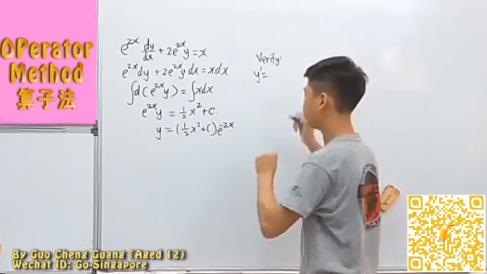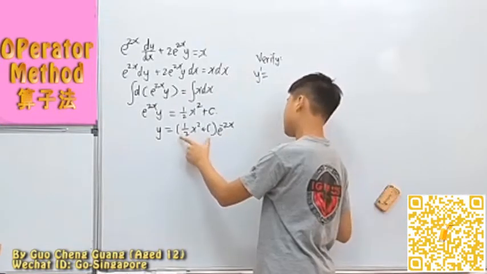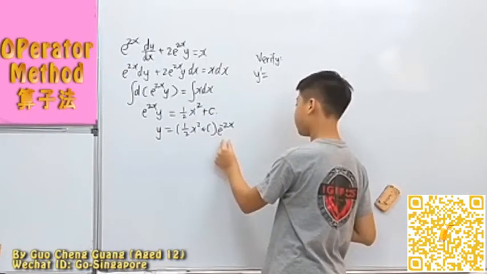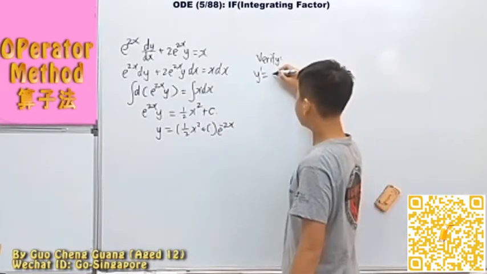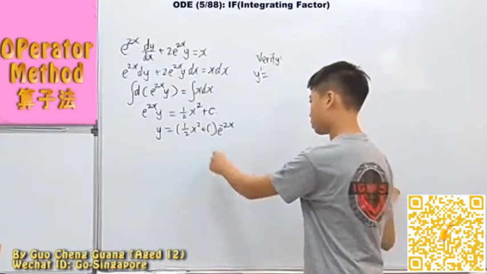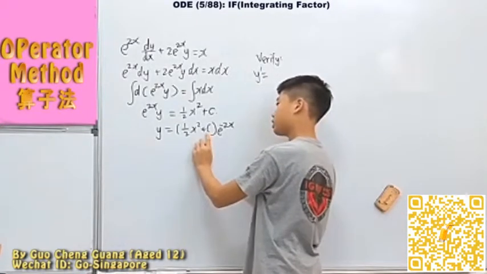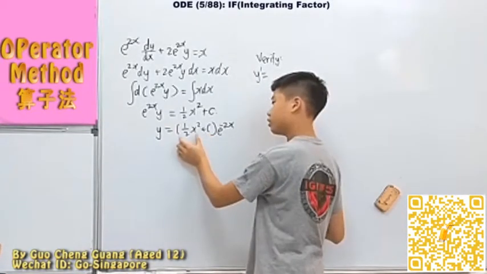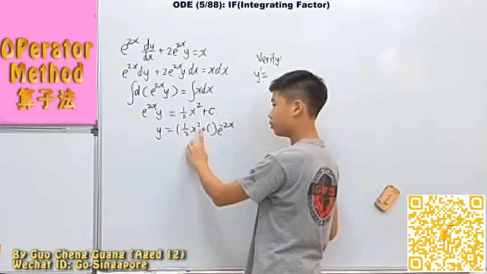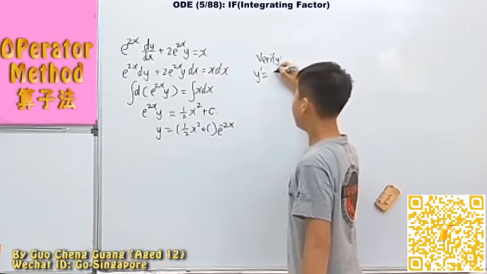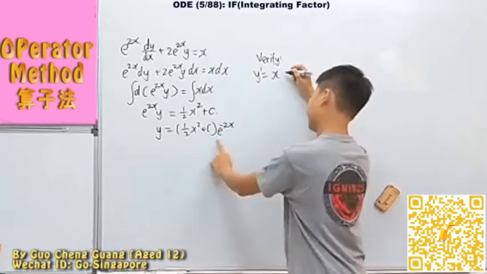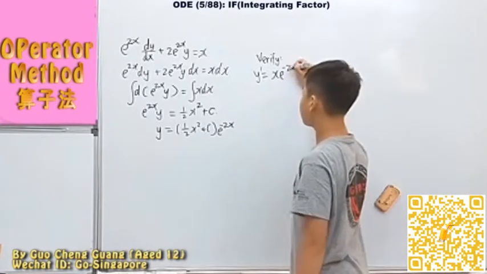Since you see these two are multiplied, we're going to use the product rule here. When we use the product rule, the first part, constant, it will become 0. This front part, when differentiate 2, cancels out with the half, you get x. Then you directly times this.